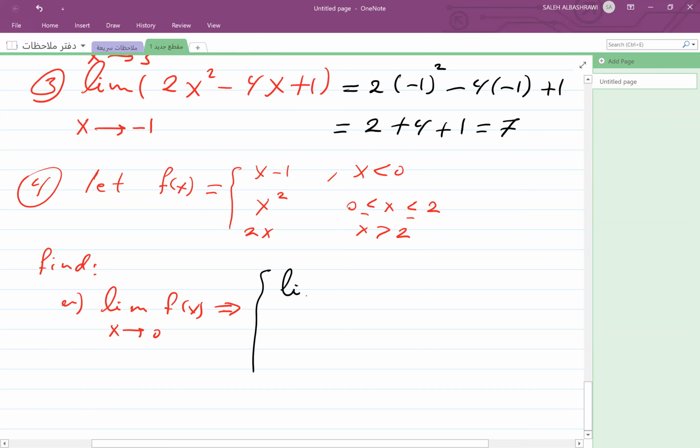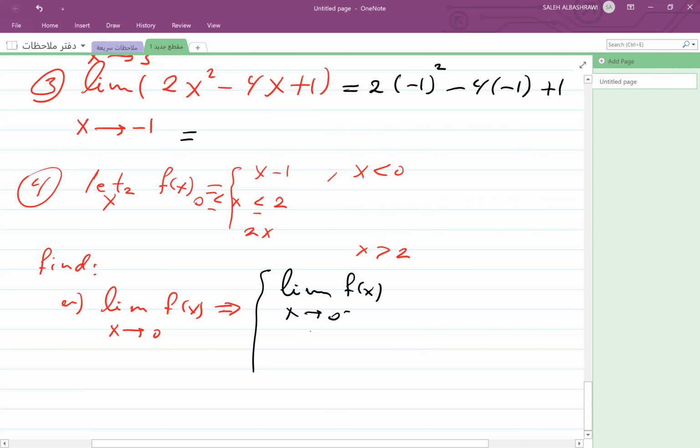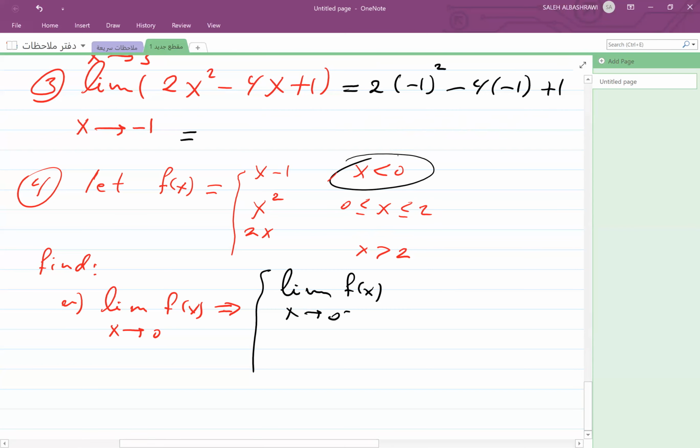So I have the left limit: the limit of f of x as x goes to 0 minus. I need to find the limit when x goes to 0 minus. 0 minus means x is less than 0, which is this part.